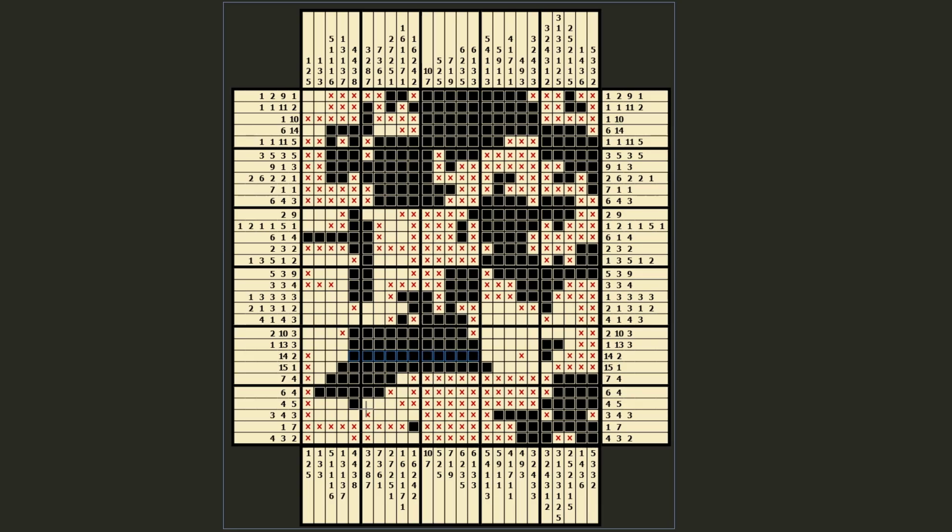Okay. No space for the 4. 4 must be here. So 2 and then 1. That's a 3.